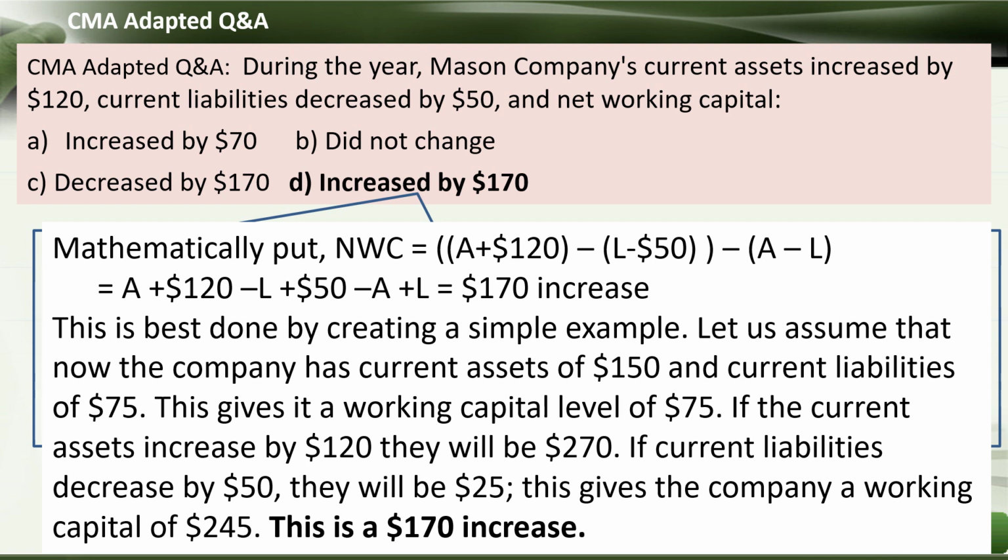And if the current liabilities decrease by 50, earlier it was 75, now 50 decrease, so it becomes 25. So the difference, 270 minus 25, becomes the changed working capital of 245. If we take the old working capital and the current working capital, the difference is an increase of 170. So that is a different way.